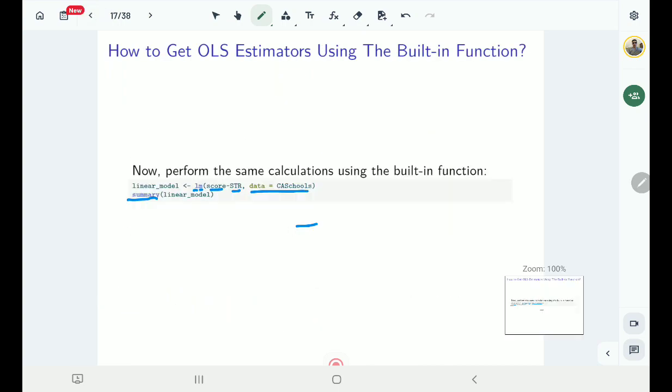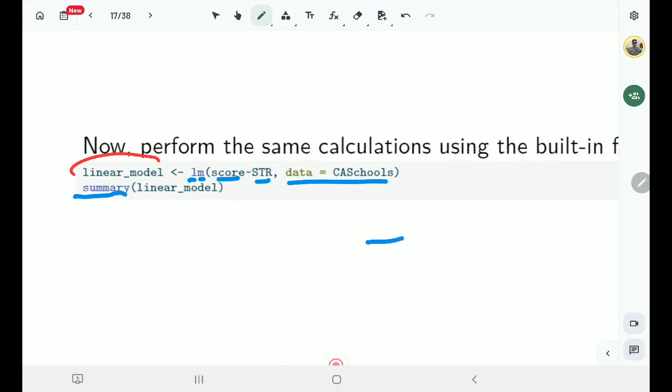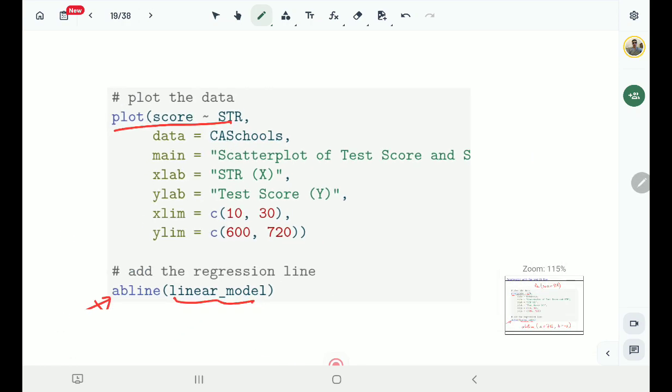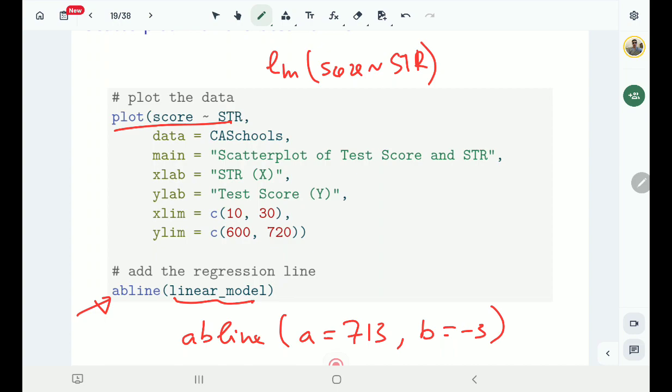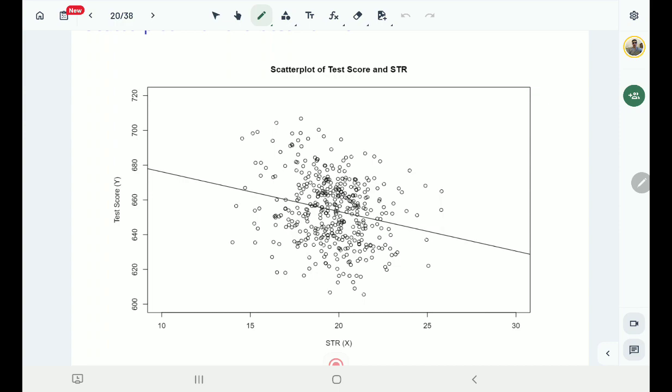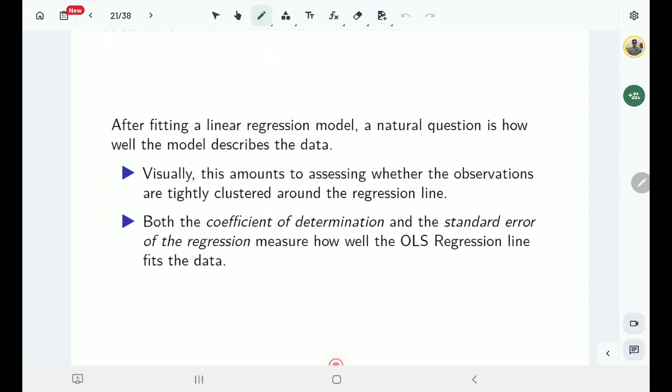We have already defined the linear model object, and it contains the intercept and slope parameter estimates, and therefore we just supply it to abline, and that's all. Once you supply it to abline, you get this nice regression line fit to the scatter plot.